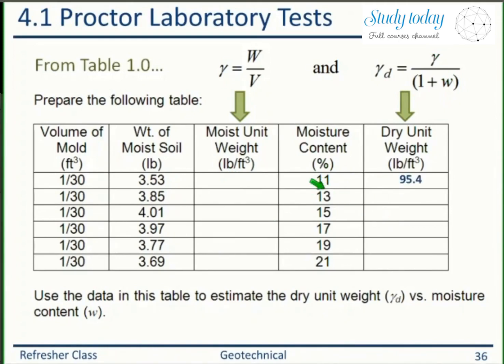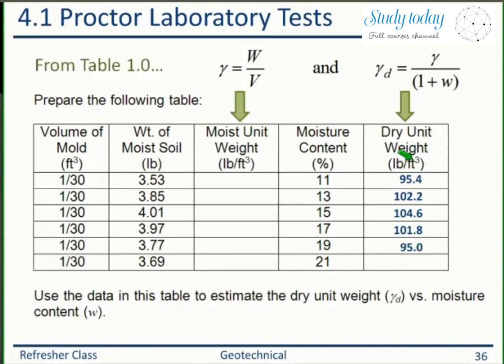The dry unit weight for the first one is 95.4, the second test 102.2, then 104.6, increasing. Moisture content is also increasing, quite valid, right? But if you go here, moisture content is increasing while your gamma D is decreasing, from 104.6 it becomes 101.8. Even as the moisture content increases here, it is still decreasing further.